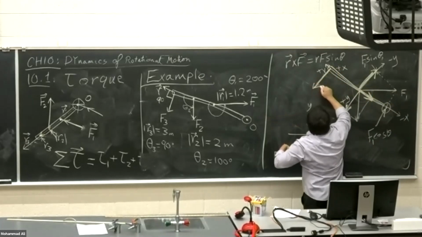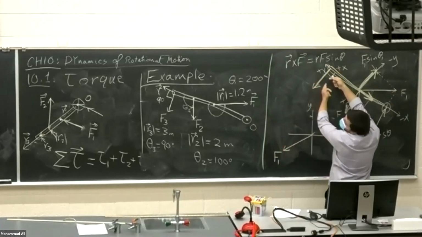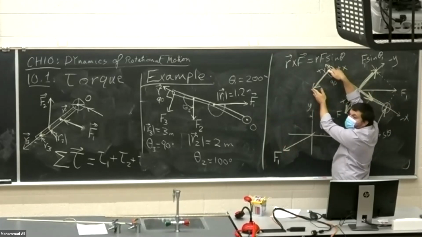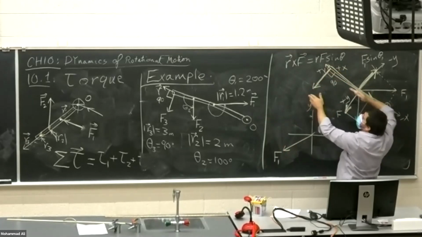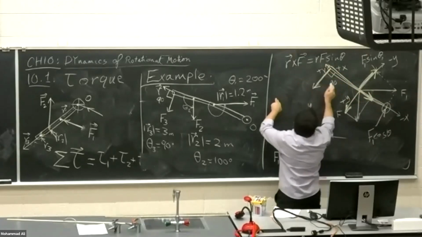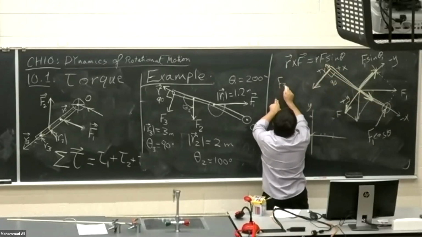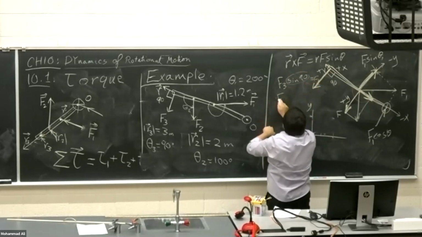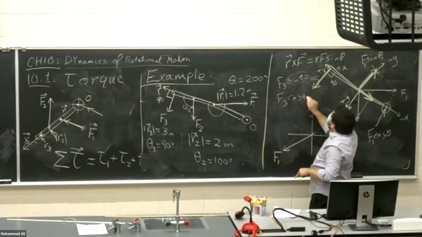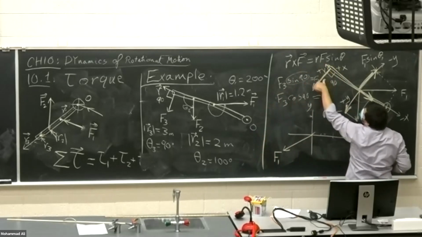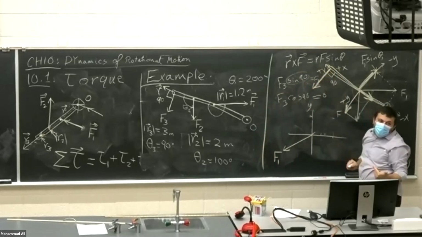The third force, it is normal. Its angle is 90. All of F3 is perpendicular to R. This is 90. F3 sine 90. Sine 90 is 1, so it will be equal to F3. But F3 cosine 90 will be 0 because cosine 90 is 0. So the tangential component of F3 is 0 now.